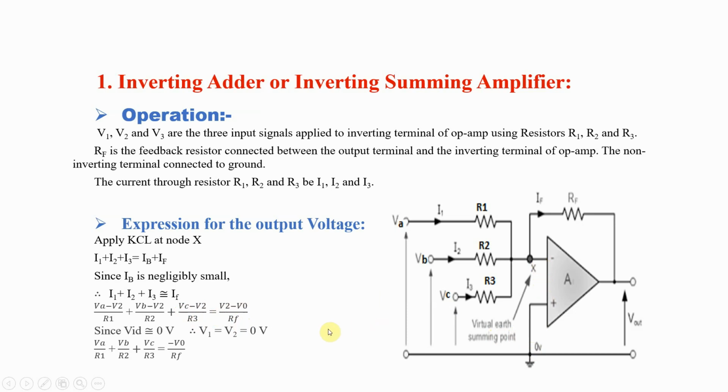Therefore, due to the virtual short and virtual ground concept, V1 is equal to V2 is equal to 0. Then put V2 equal to 0 everywhere. Therefore, the equation is VA divided by R1 plus VB divided by R2 plus VC divided by R3 is equal to minus V0 divided by RF. Then calculate the equation for V0.